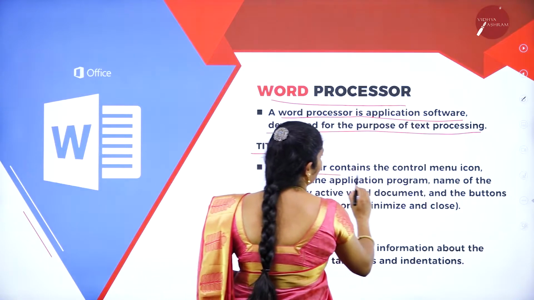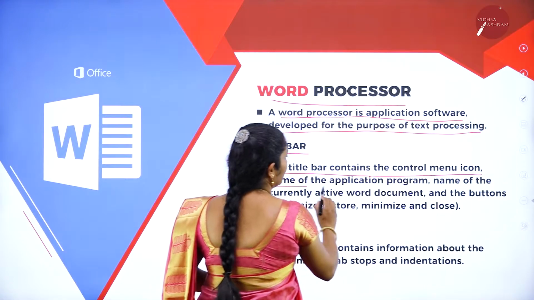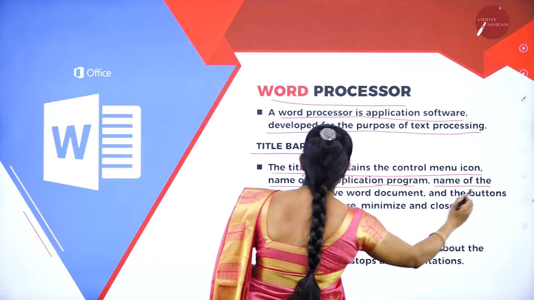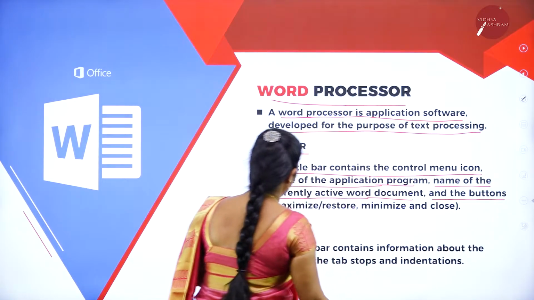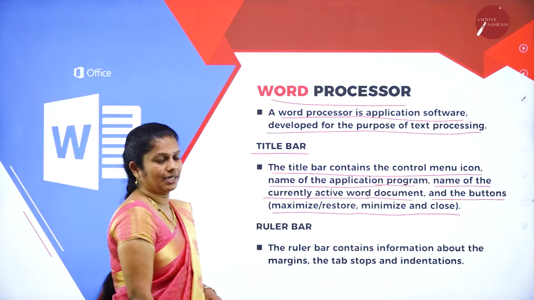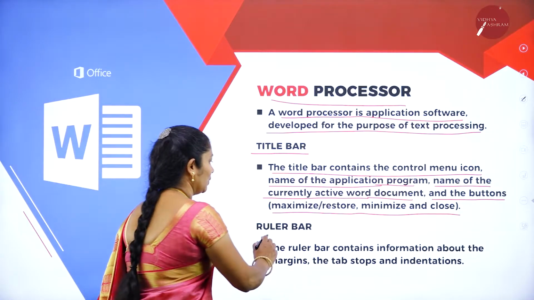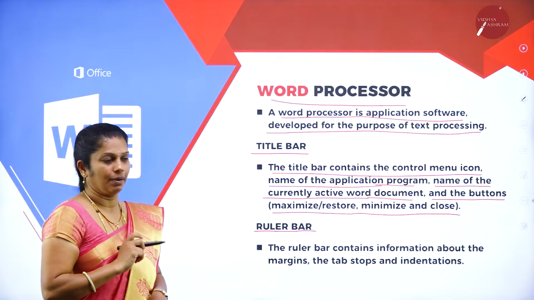The title bar contains the control menu icon, the name of the application program, the name of the currently active Word document, and the maximize, restore, minimize and close buttons. And the next one, if you observe the Microsoft Word layout, is the ruler bar.